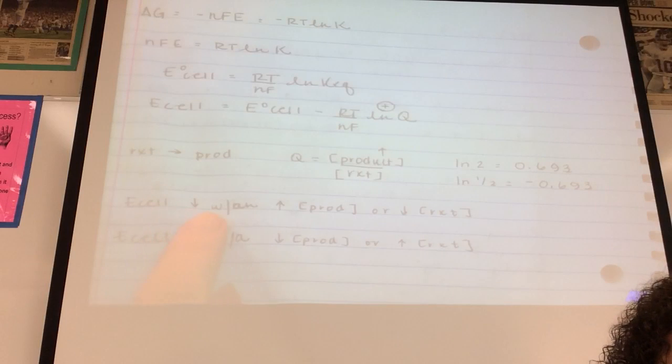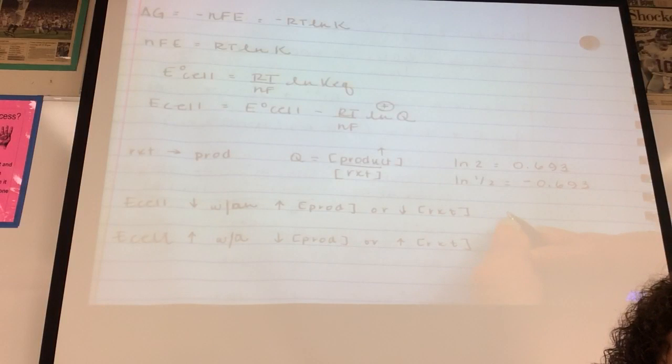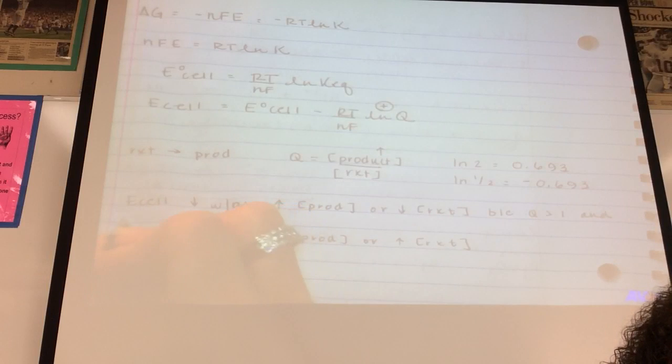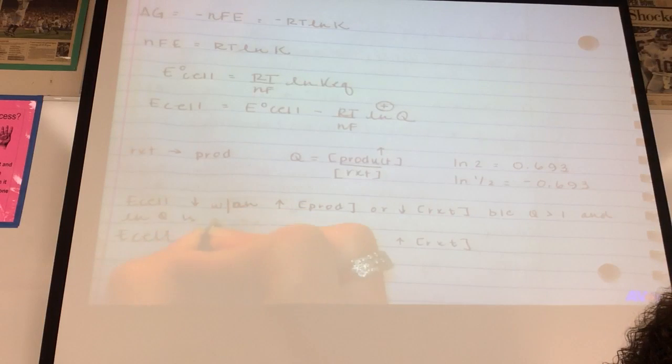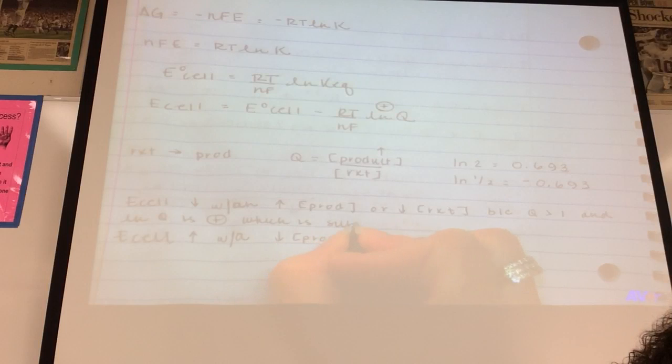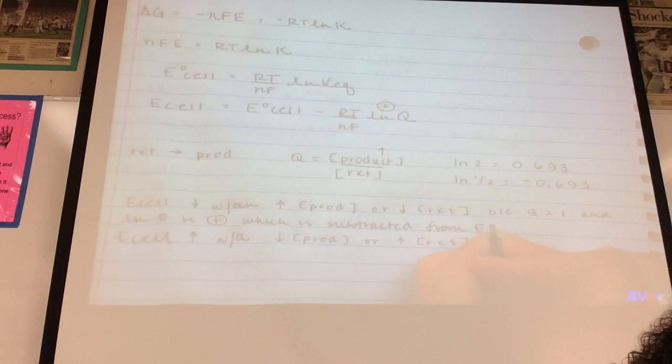So E cell decreases with an increase in product or a decrease in reactant because Q is greater than 1 and ln of Q is positive, which is subtracted from E cell.